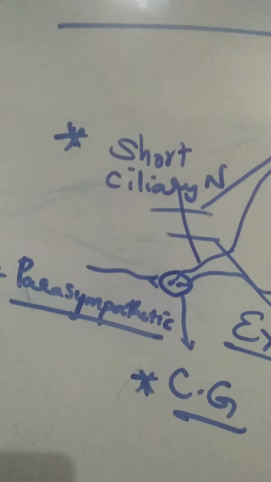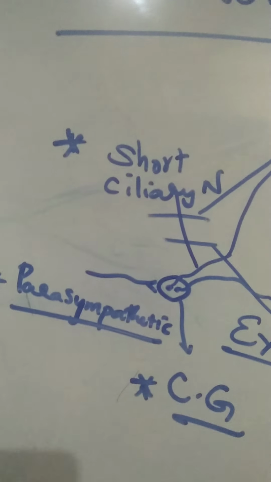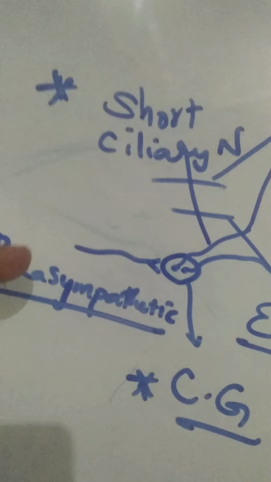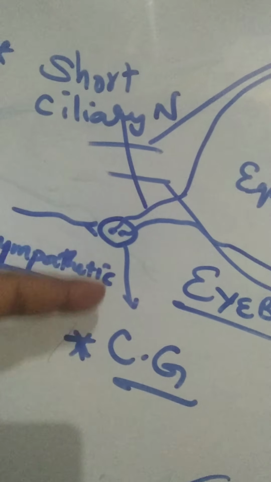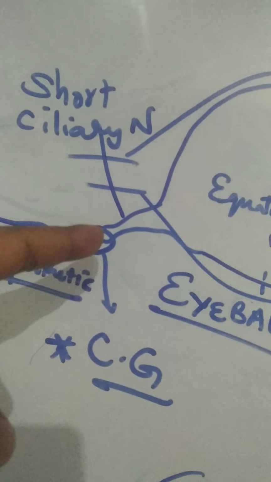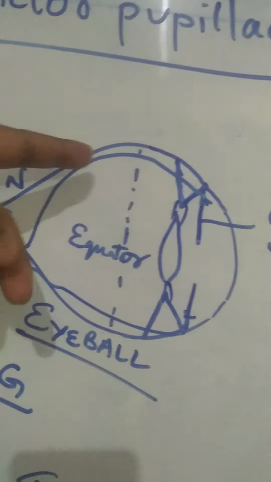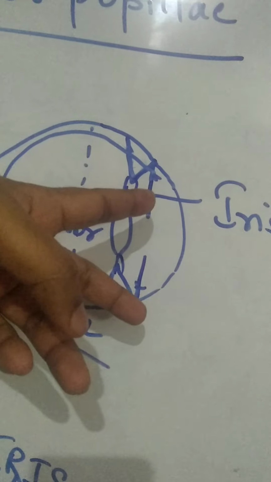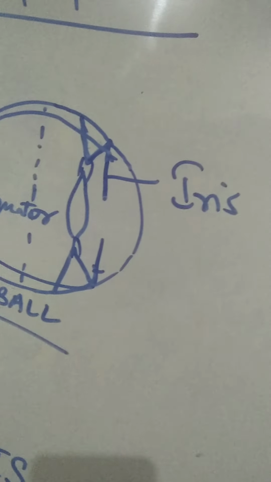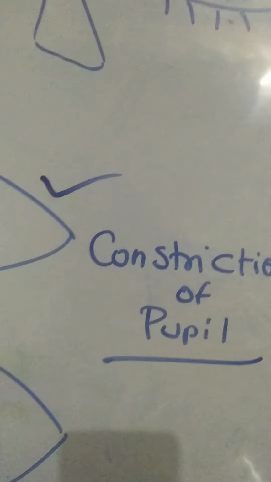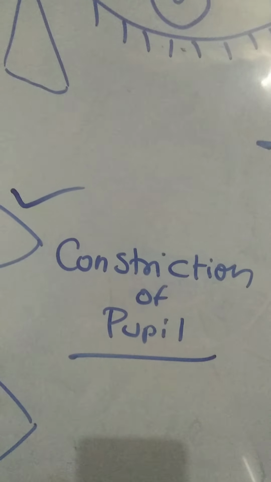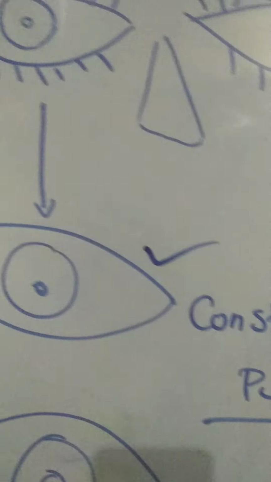Nerve supply is the parasympathetic nervous system, the Edinger-Westphal nucleus. Via the oculomotor nerve, it reaches the ciliary ganglion. The postganglionic fibers from the ciliary ganglion form the short ciliary nerves, which pierce the sclera to reach the constrictor pupillae, which is present within the iris. Action is straightforward. It causes constriction of the pupil, thereby reducing the amount of light entering the eyeball.